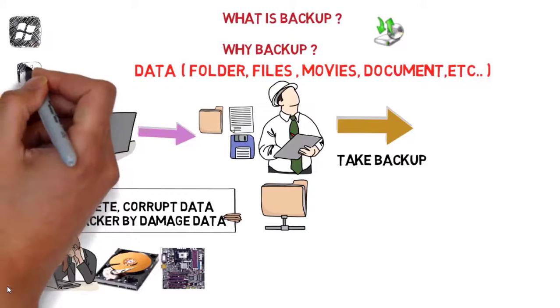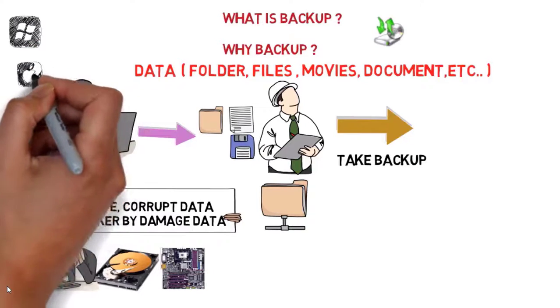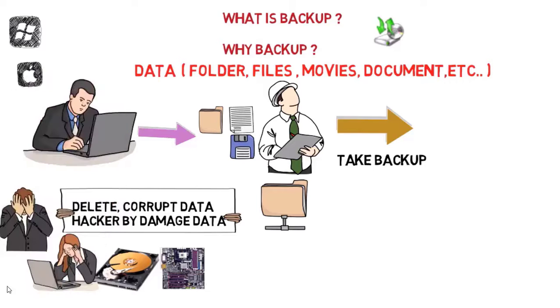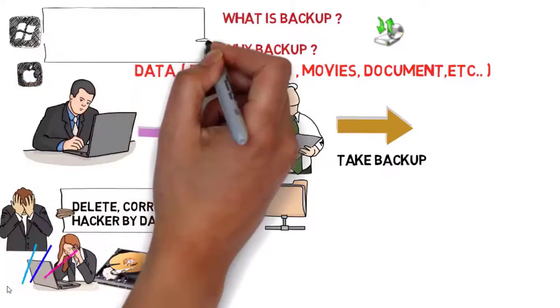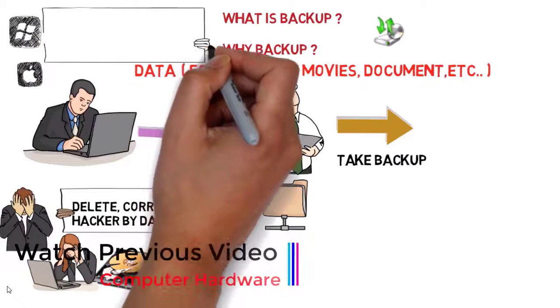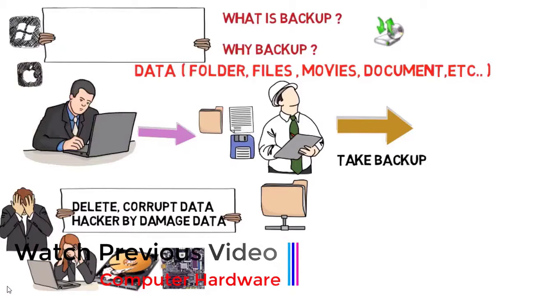Other operating systems, like Apple and Linux, also use backup systems. So how many types of systems are used, and how did this start in the Microsoft company?